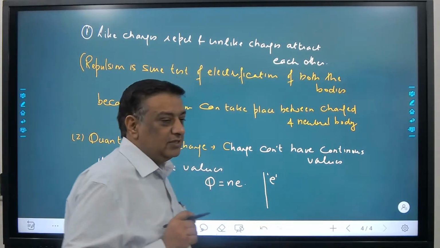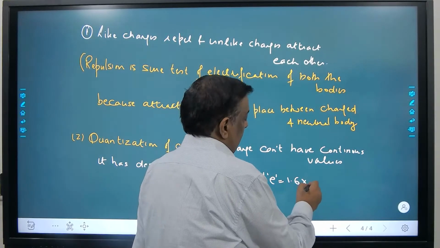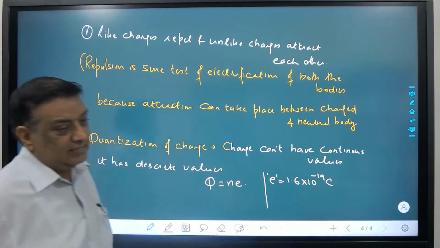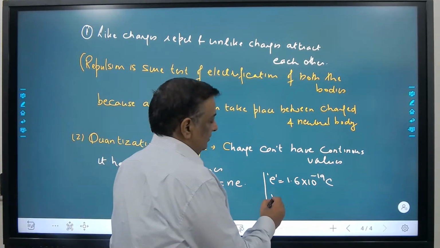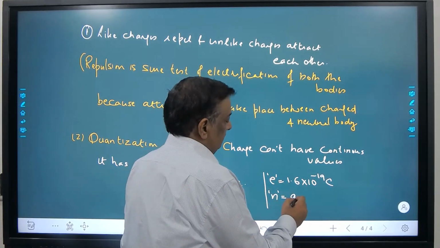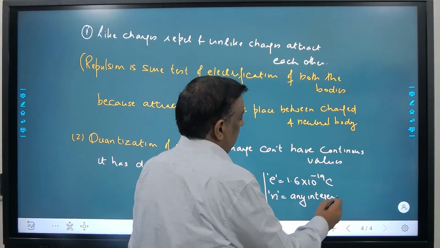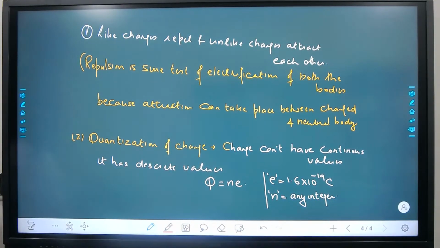It's the minimum possible value, and its magnitude is 1.6 into 10 raised to the power minus 19. And n is any integer. So we say charge on any body is always an integral multiple of certain minimum value called the quanta of charge.